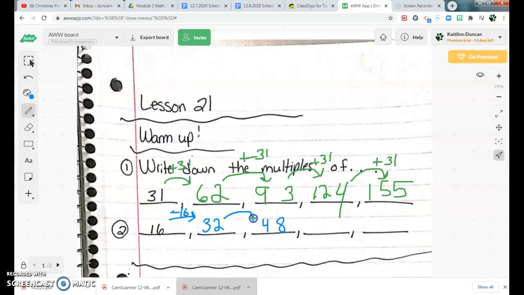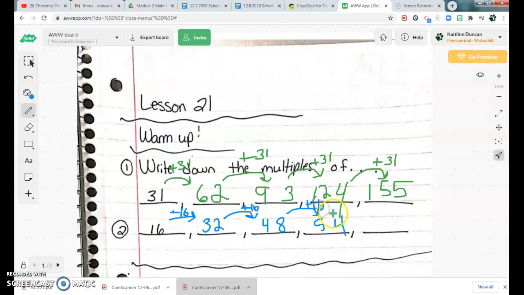So from here to here, I have added 16. Now to get my next multiple, I add 16 again. Well, I know 6 plus 8 is going to give me 14. And then I know that 1 plus 4 is going to get me 5. So from here to here, I've also added 16.